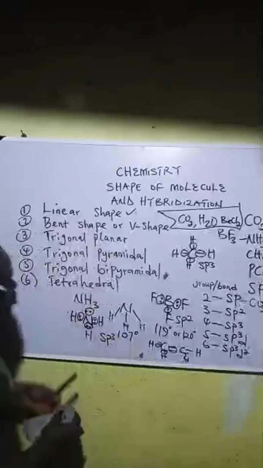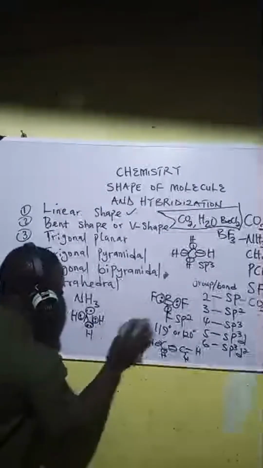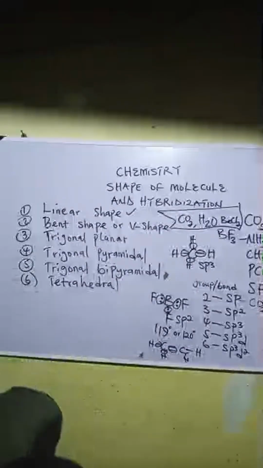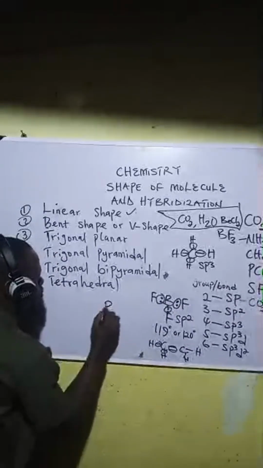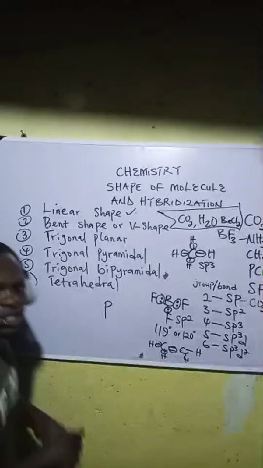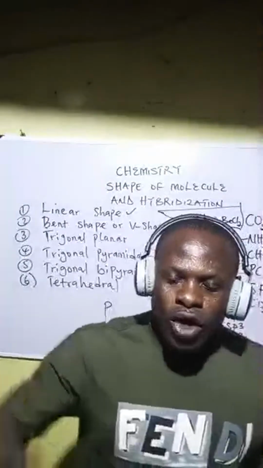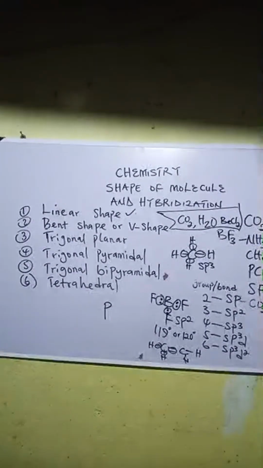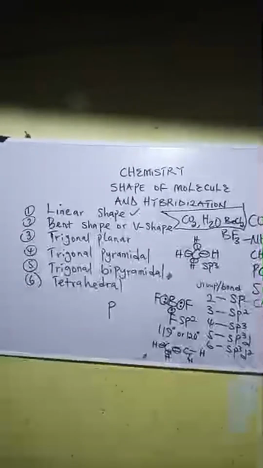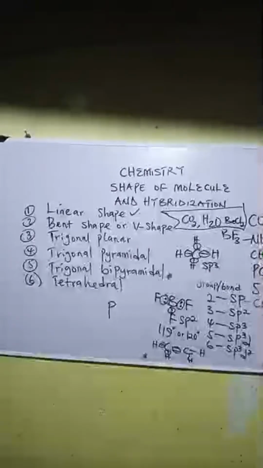Let me explain. Phosphorus has how many valence electrons? Phosphorus belongs to the same group as nitrogen. Are you following? Phosphorus belongs to the same group as nitrogen.